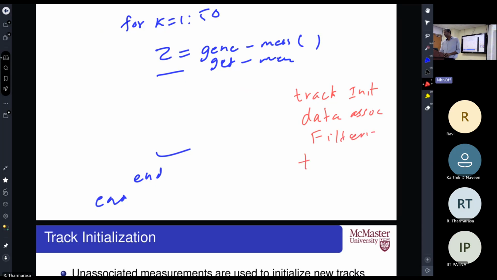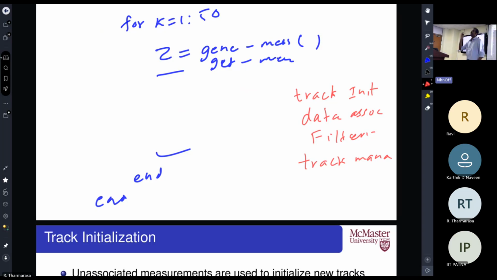Then track management. So these are the main things that we are going to do. Filtering you already know, so I'm not going to talk too much about that. Filtering is a nonlinear filter, Kalman filter, whatever it is. But we are going to have track initialization, data association, track management.